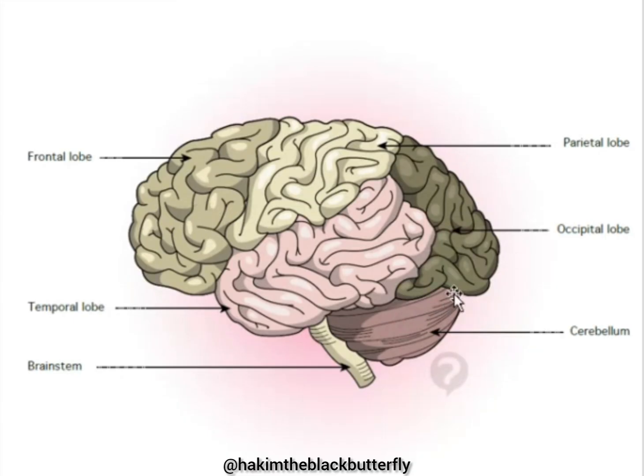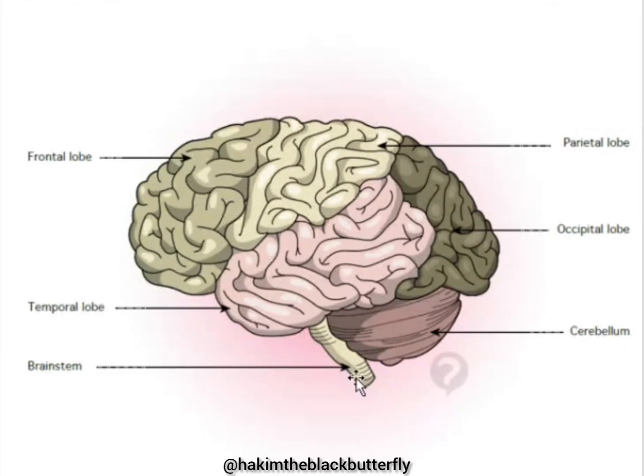And between the cerebellum and the occipital lobe, we have a transverse fold of dura mater in this region. That transverse fold of dura mater between the occipital lobe and the cerebellum, located in this region, is known as the tentorium cerebelli.